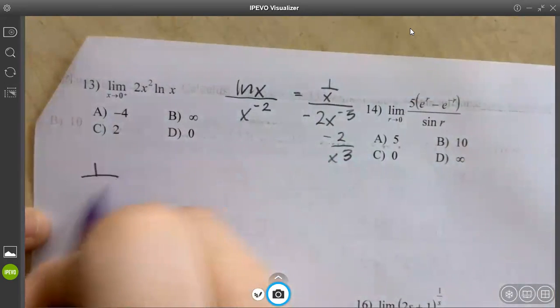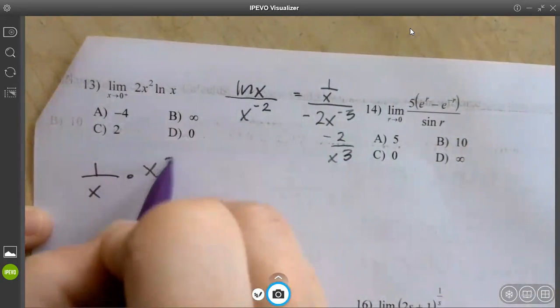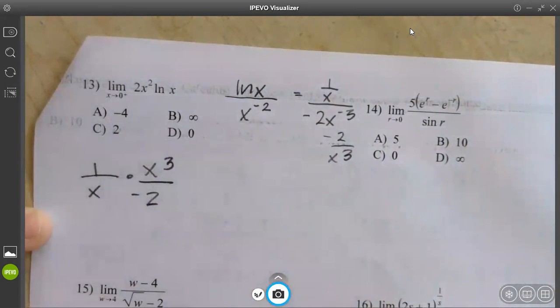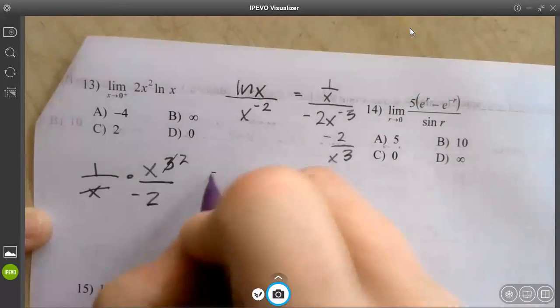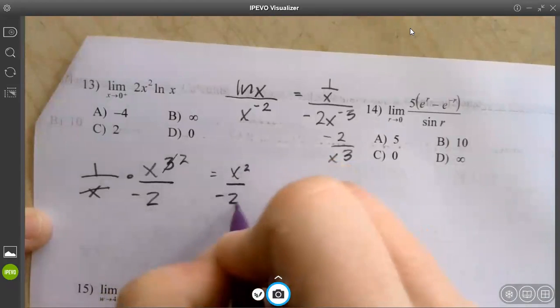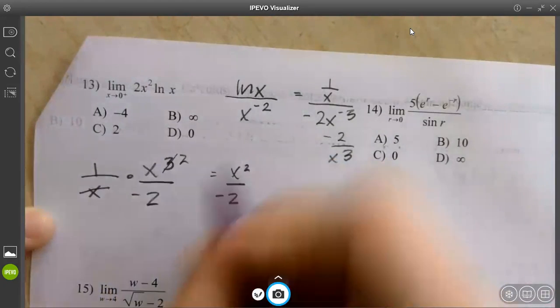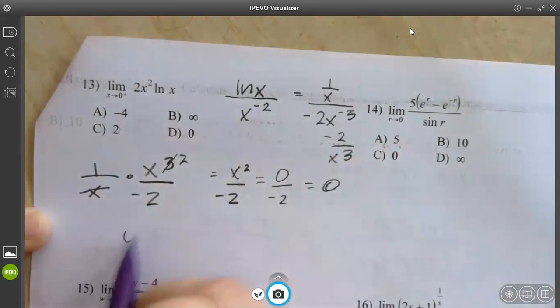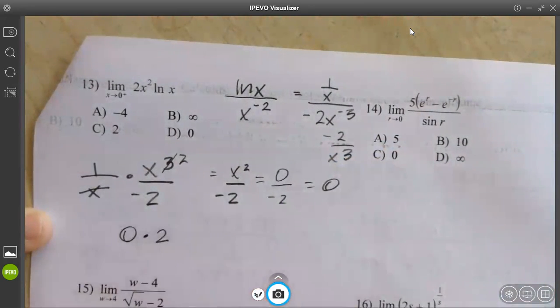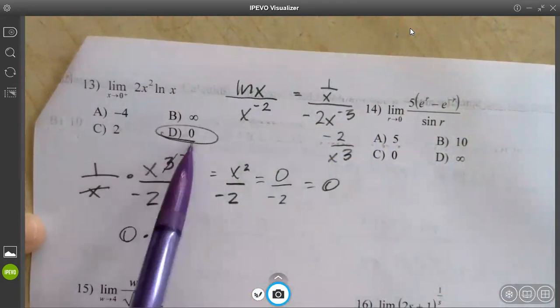So instead of dividing, flip and multiply. What happens? We get x squared over -2. Direct substitute, we get 0 over -2, or 0. Don't forget to multiply by that 2.